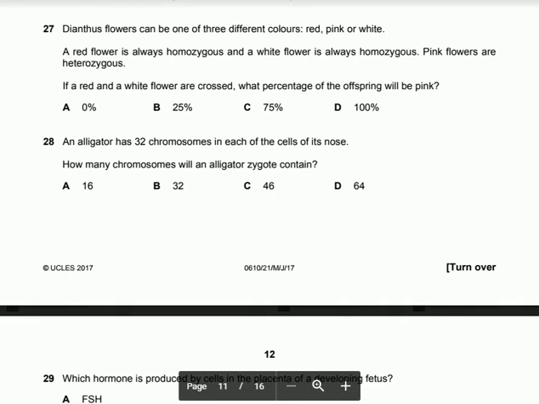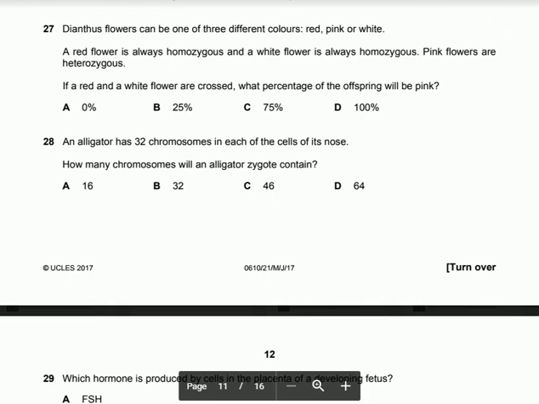It's like a square in which you divide your genotypes and put them into a tabular form, and then calculate your chances of what kind of flower it will be.